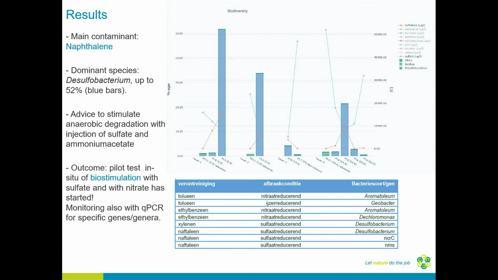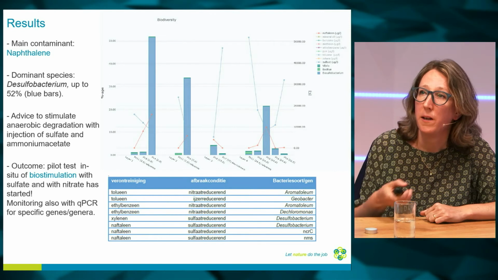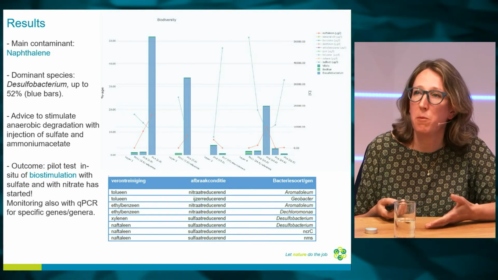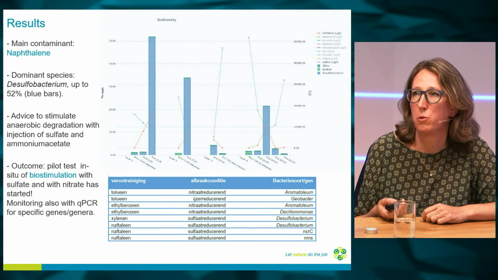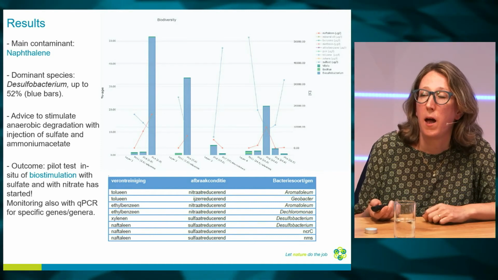Our advice then was also to, of course, monitor this microorganism, specifically with qPCR, which we now do, and to stimulate this site to enable these organisms to become more active.